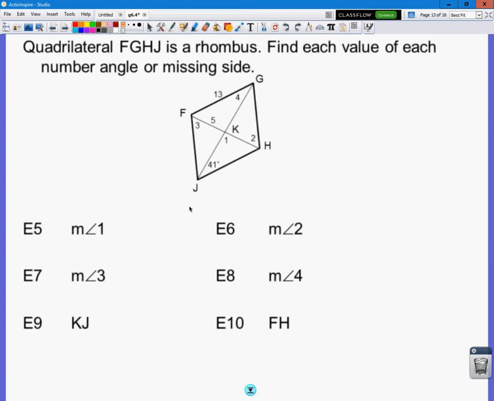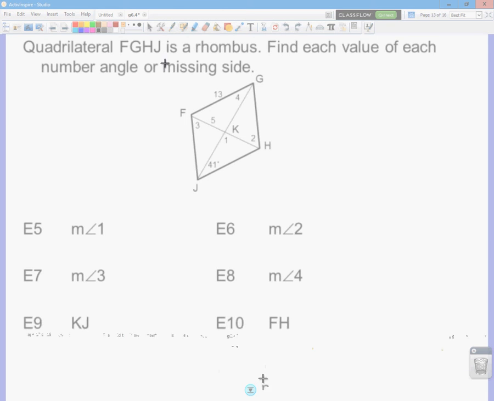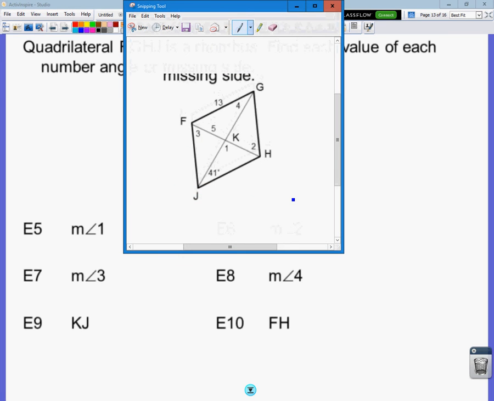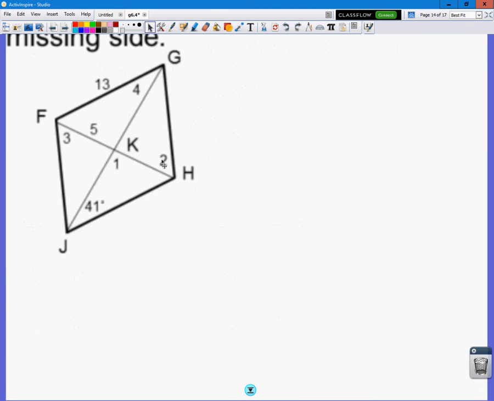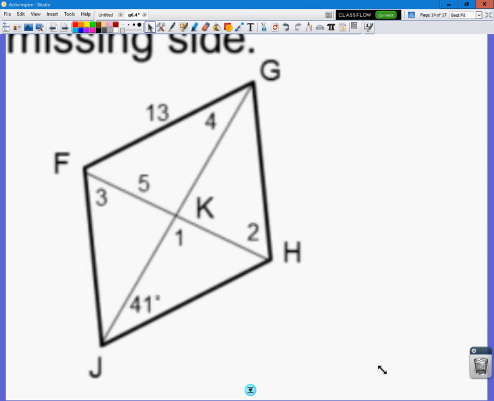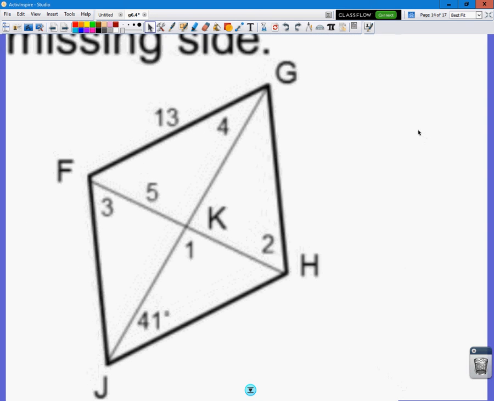Let's see if I can snip it this way. I'm going to make the picture a little bigger up here so it's easier to see. We'll go back to answer the questions in a minute.